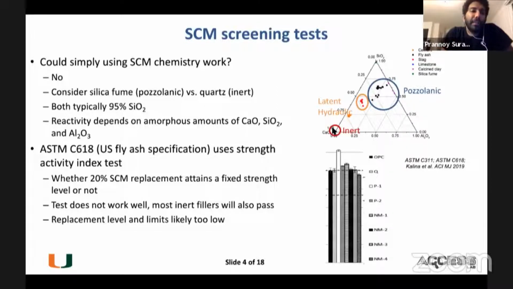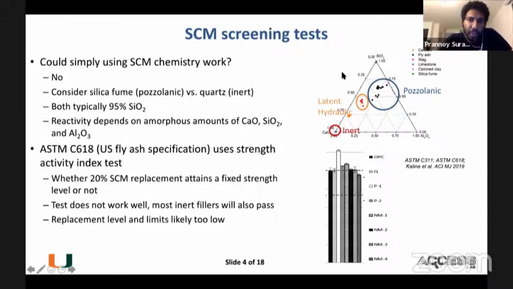And a very simple analysis of something like a silica fume, which is a very reactive and pozzolanic material, versus quartz, which is a completely inert material, makes that clear, because both of these are typically very high in SiO2. They're about 95% SiO2, okay? But obviously they behave in a very different manner.